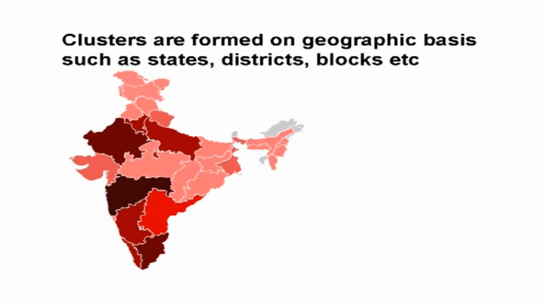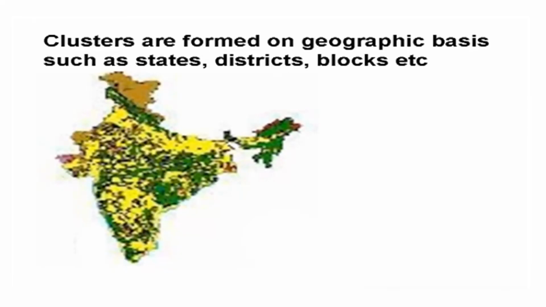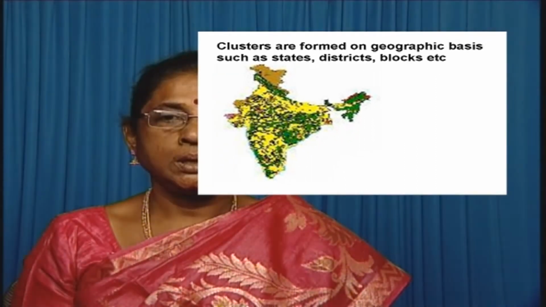The fifth type is area sampling. In area sampling, similar to cluster sampling, the clusters are formed on a geographic basis such as states, districts and blocks.